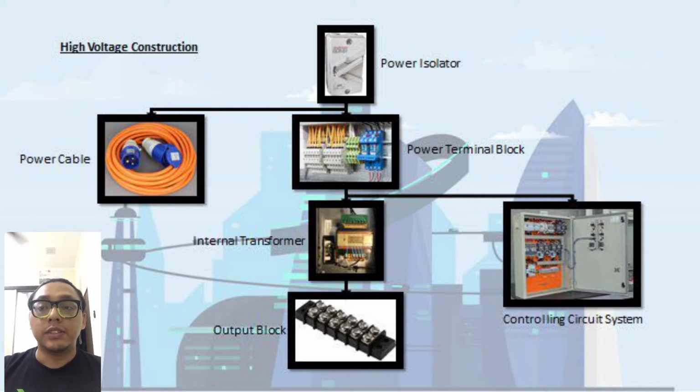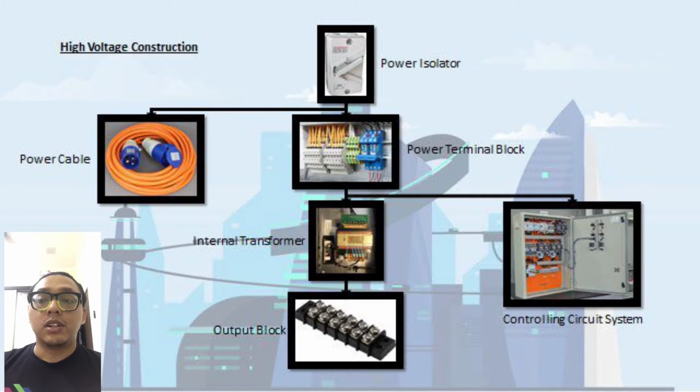When the three-phase supply is activated, the three-phase power supply will flow through the power terminal block. The power terminal block is connected to the controlling circuit system and the internal transformer. The three-phase supply will flow through the output power terminal and provide power supply to the controlling system and the internal transformer.